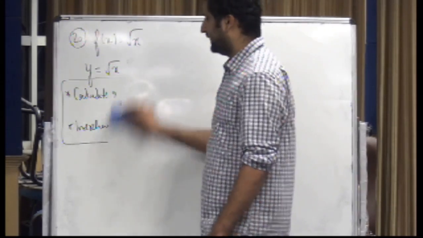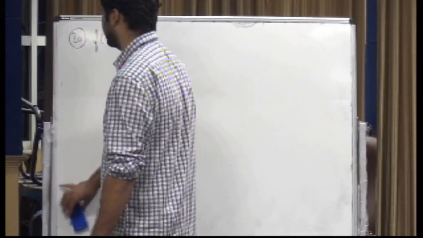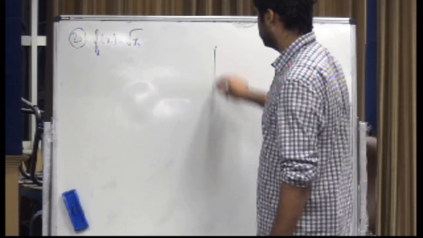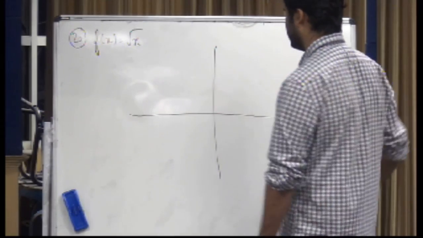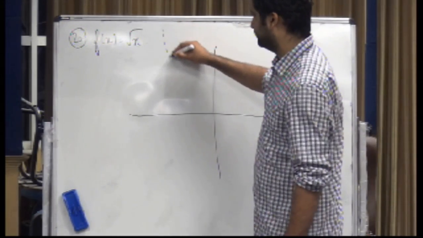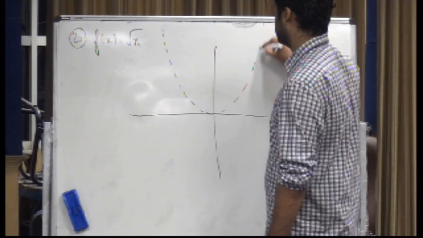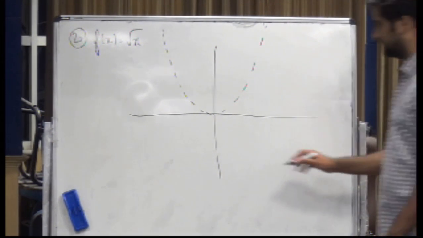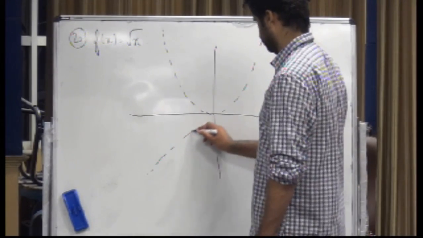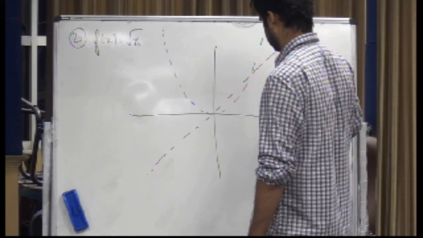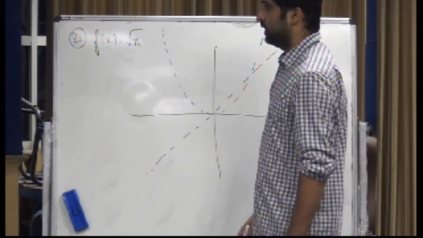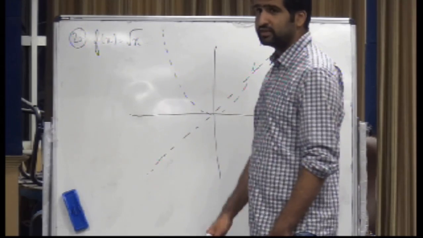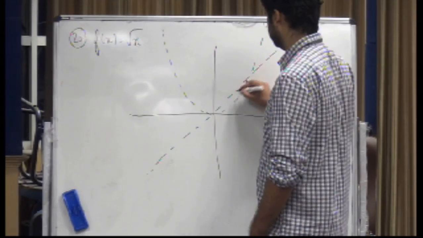So we know that y is equal to root x and y is equal to x square are inverse of each other. Hence, what we'll do is first make the graph for x square. It's like this. And then we make the line y equal to x. Where are these lines meeting? Y is equal to x and this curve y is equal to x square meet at x is equal to 1.